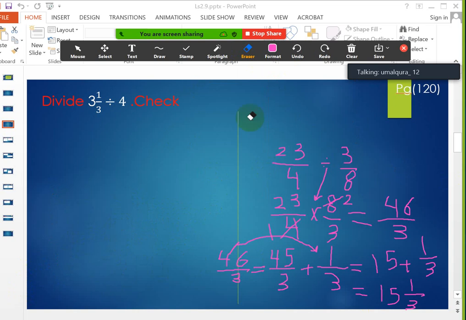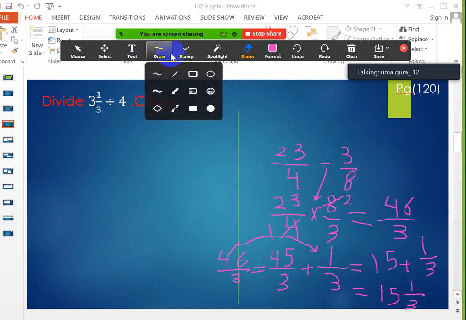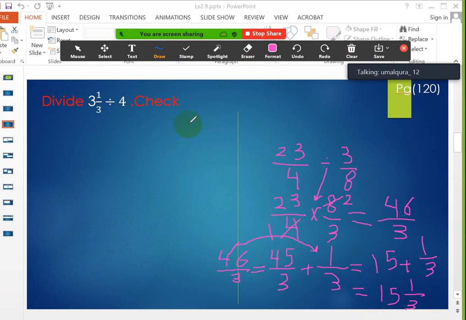You finish this example, girls. If you finished, please tell me on the chat to erase it. Okay, thank you, girls. Now I want to find the answer for this division. 3 and 1 over 3 divided on 4.